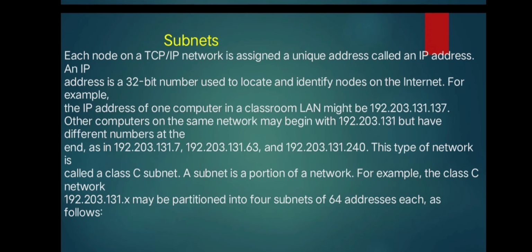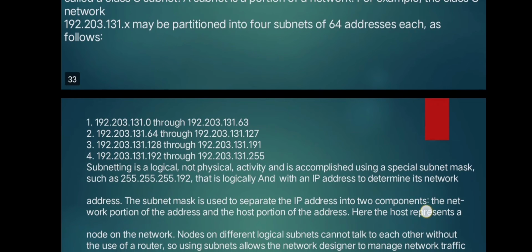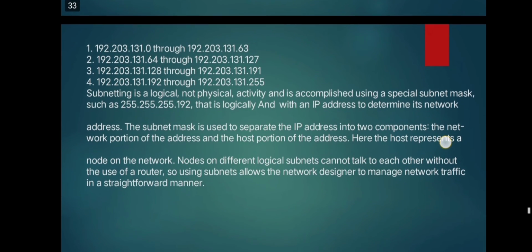A subnet is a portion of a network. For example, the Class C network 192.203.131.x may be partitioned into 4 subnets of 64 addresses each, as follows. Number 1, 192.203.131.0 through 192.203.131.63.